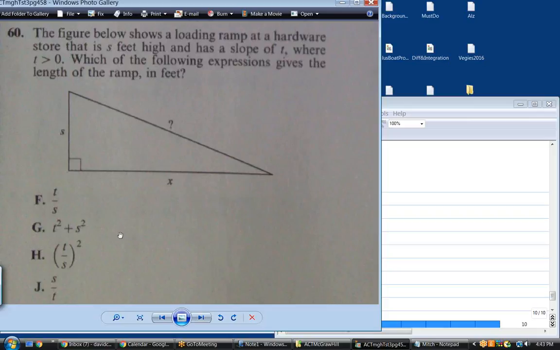Why is the answer not square root of s squared plus x squared? Because they want it in terms of s and t. T being the slope of that ramp.